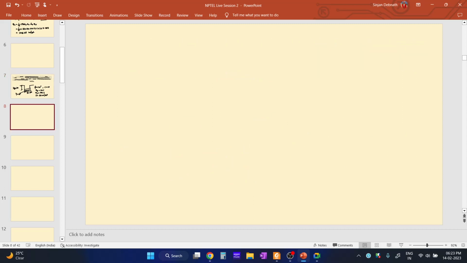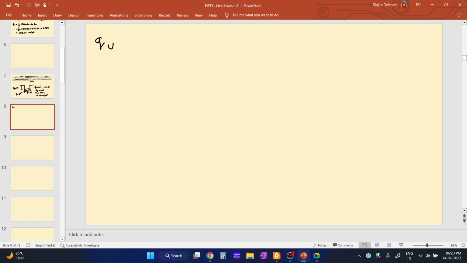So let me write down the formula for the ultimate bearing capacity, qu. Since this is a cohesionless soil, that means C is 0, and that's why the first term, the c Nc multiplied by shape factor, depth factor, all those things are 0, because the first term is 0 because C is equal to 0, right?